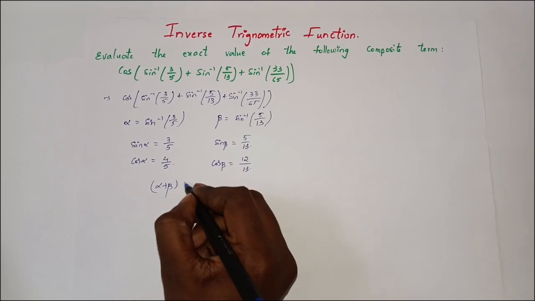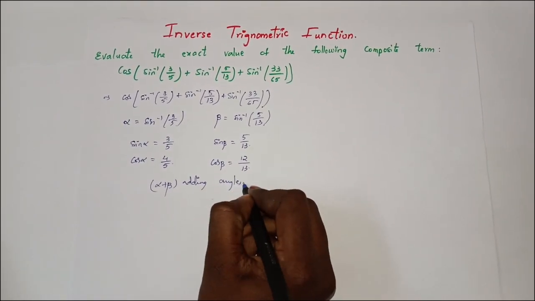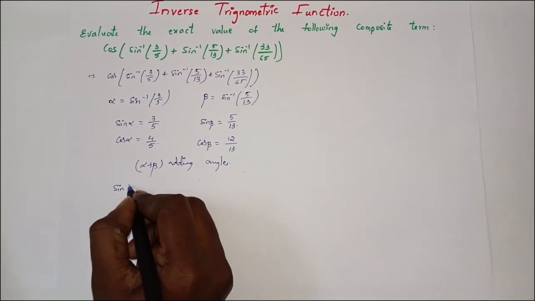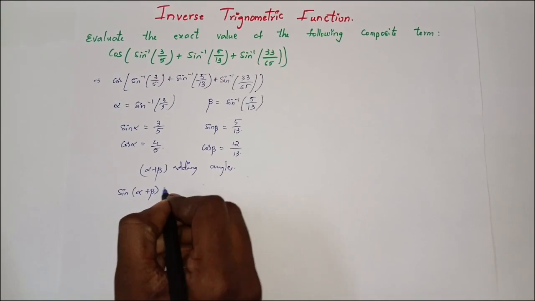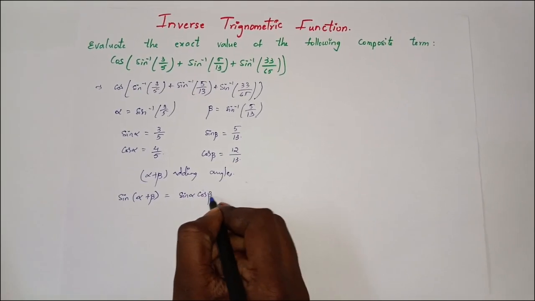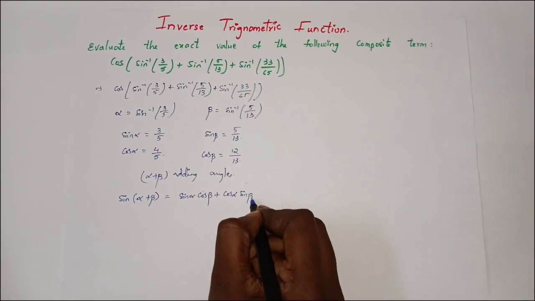Sine of alpha plus beta is equal to sine alpha cos beta plus cos alpha sine beta.